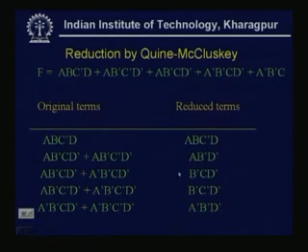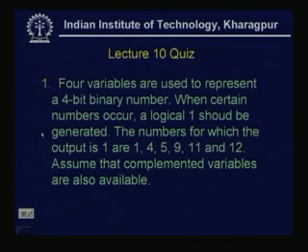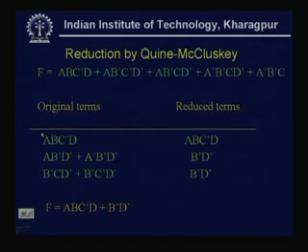Now, again we continue this process with the reduced terms. So, now the original terms become that which one was not reduced, that is as it is, a b c dash d. Now, from the previous table we get a b dash d dash and a dash b dash d dash.